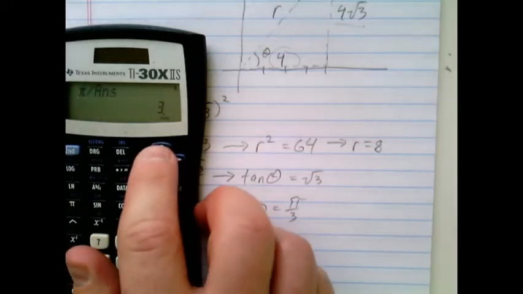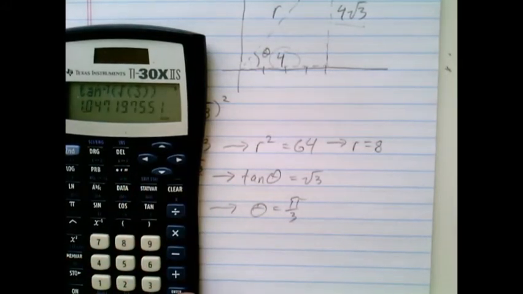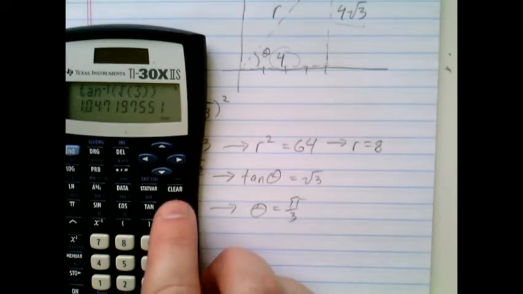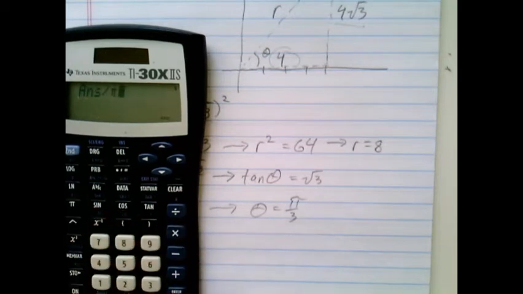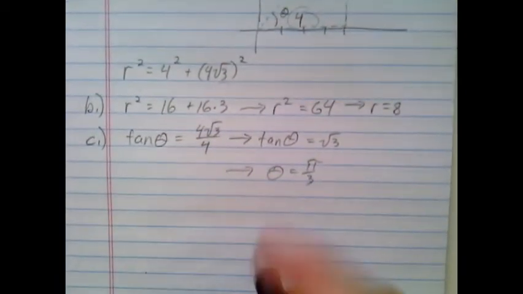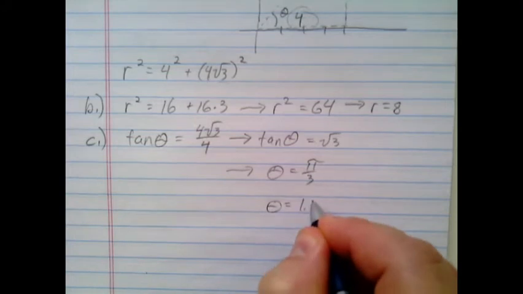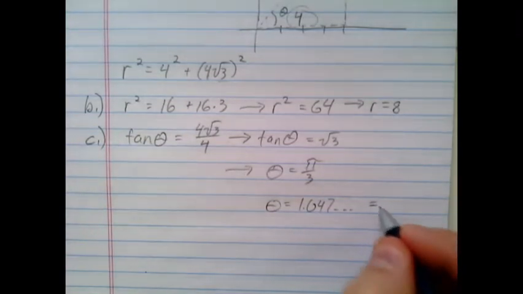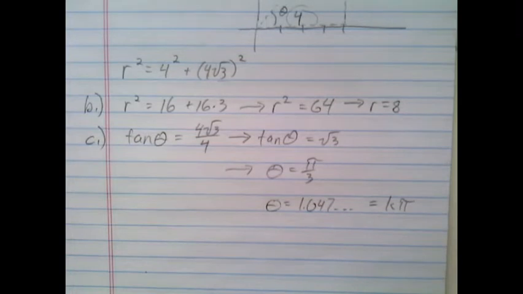What else could I have done with that number? Let me see. What would I get if I divided that by pi? So we came up with theta equals 1.047... And the question is, is that some number times pi?